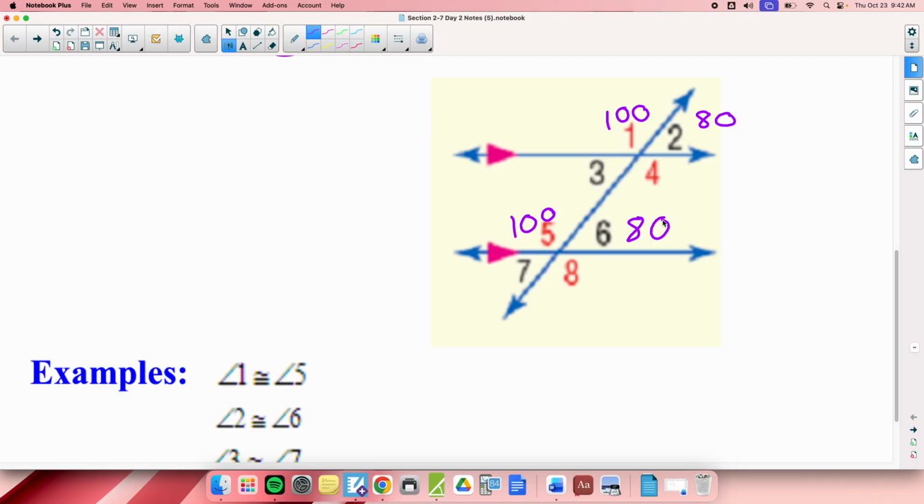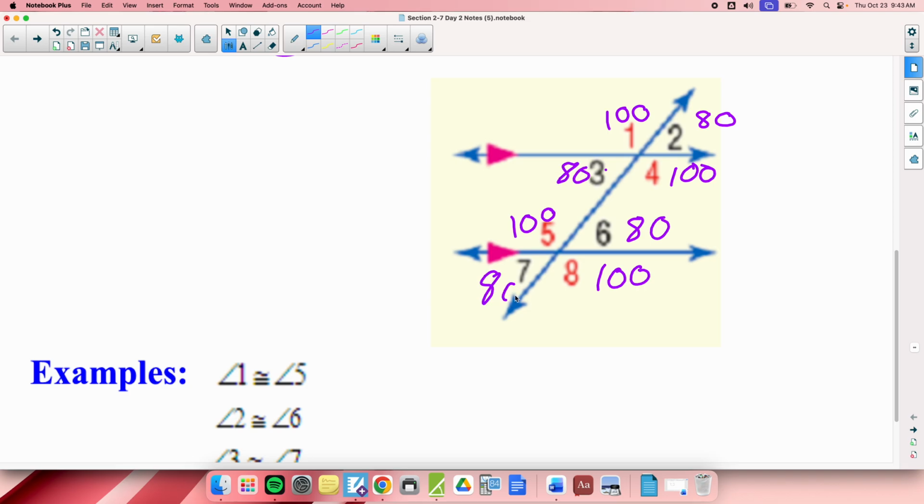What do you guys think angle 4 would be? 100, because these two are vertical, right? So if this is 100, this is 100. And then if this is 80, wouldn't this one be 80? Okay.